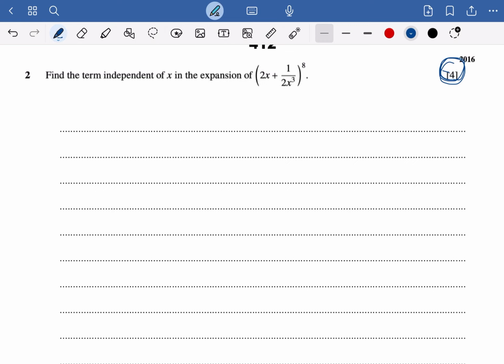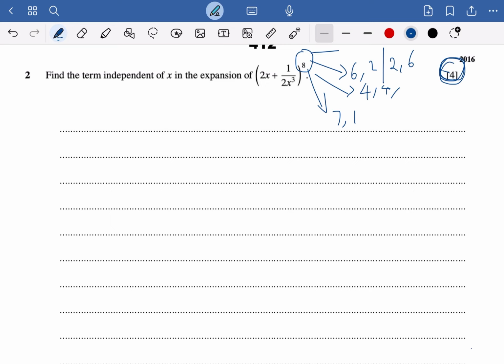But I believe there should be an easier way for us to do that. From what we saw just now, the powers will always add up to give me 8. So let's take a few combinations that will give me 8. So I can have 7 and 1. I can have 6 and 2. I can have 2 and 6. Okay, I can have 4 and 4.